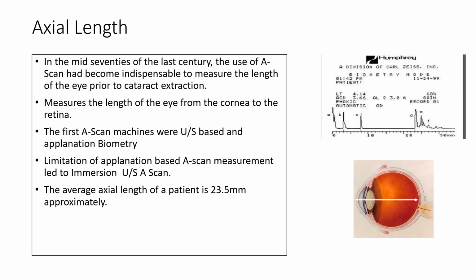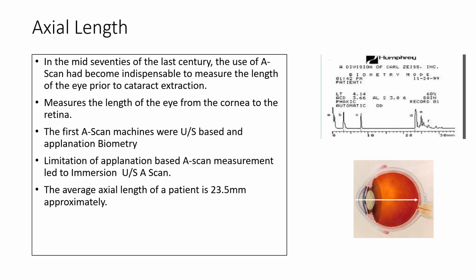Axial length was measured by A-scan machines, the contact A-scan machines, that is ultrasound contact or applanation based ultrasound machines, and later on immersion based biometry machines came on, which was also an ultrasound machine, but you measured it with immersion technique, right? That is, the probe was not in contact with the cornea, but the probe was dipped in a fluid filled path.